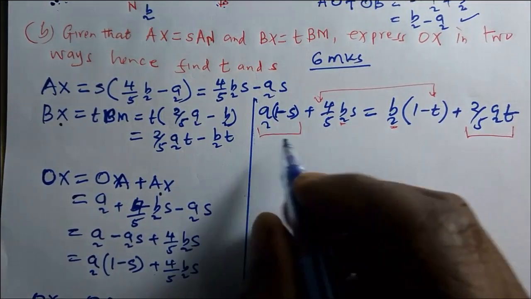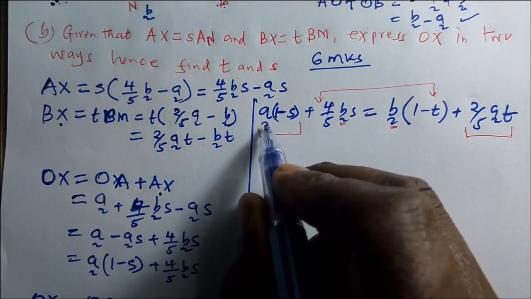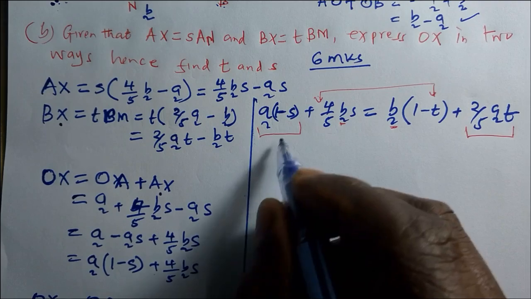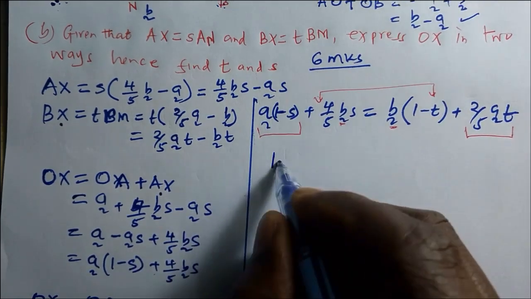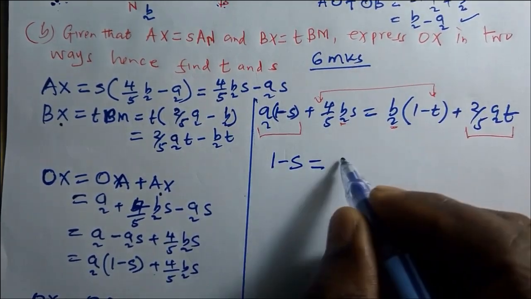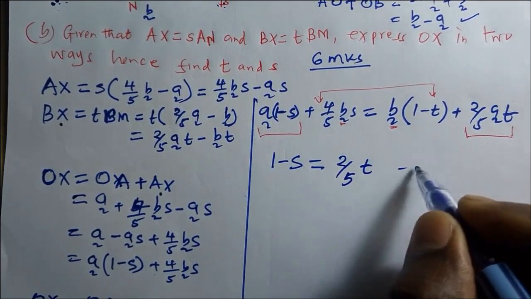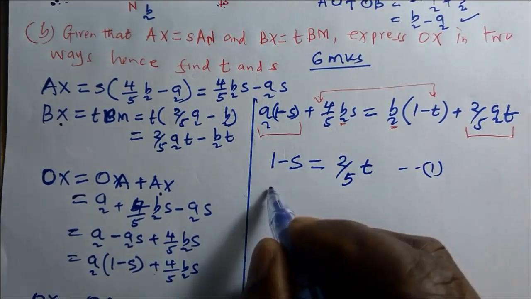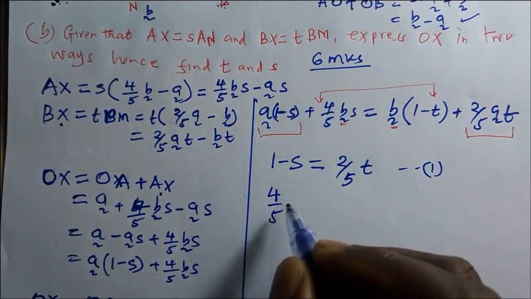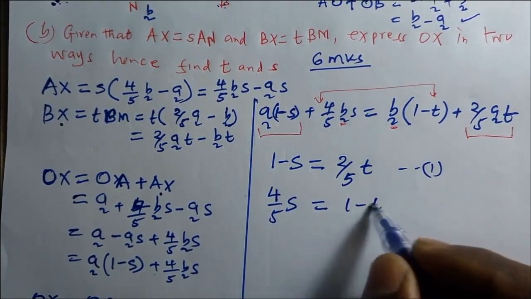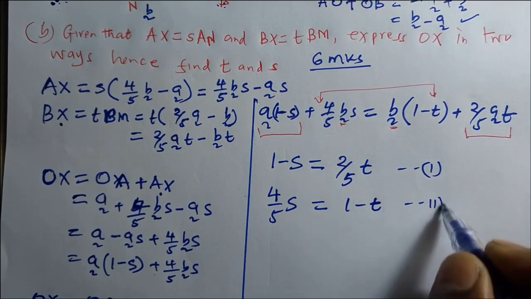Once you equate them, you ignore A. So 1 minus S is equal to 2 over 5T. That is our equation 1. And 4 over 5S, you ignore B, is equal to 1 minus T. That is our equation 2.